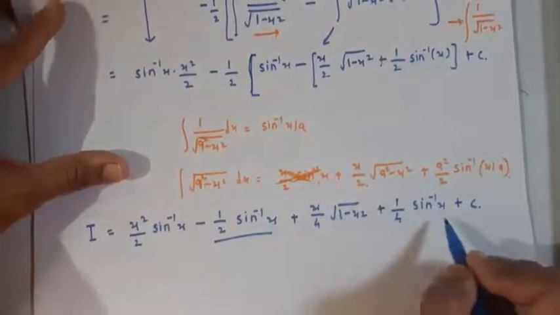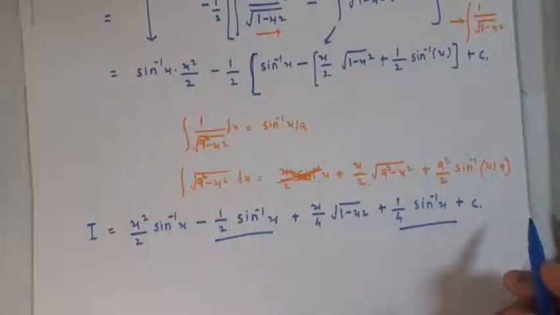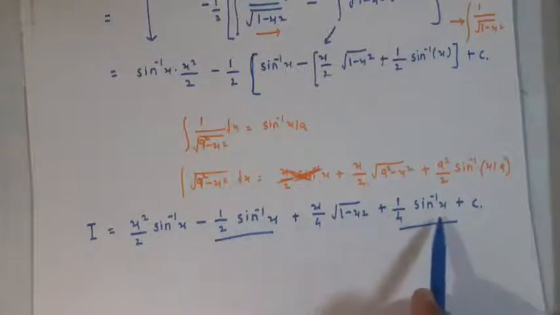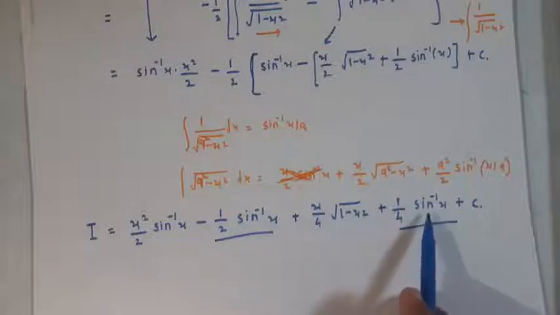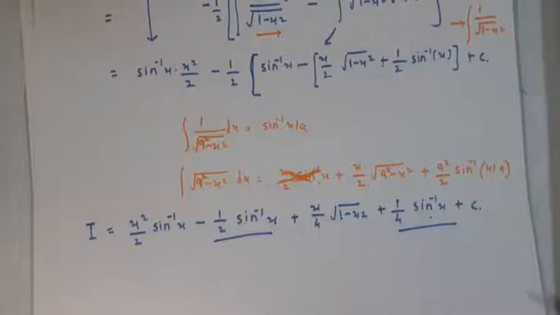We can also simplify the term, and that will be minus 1 by 4 sine inverse of x. In this way the answer will be there.